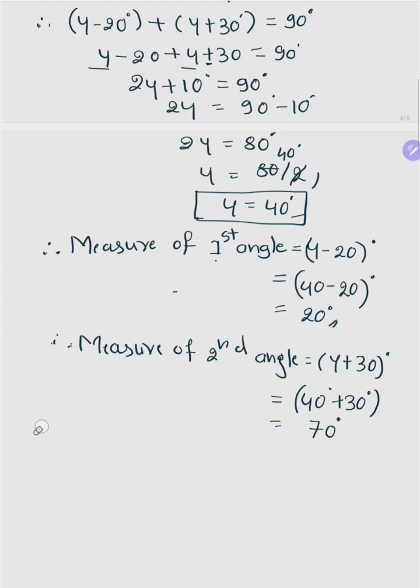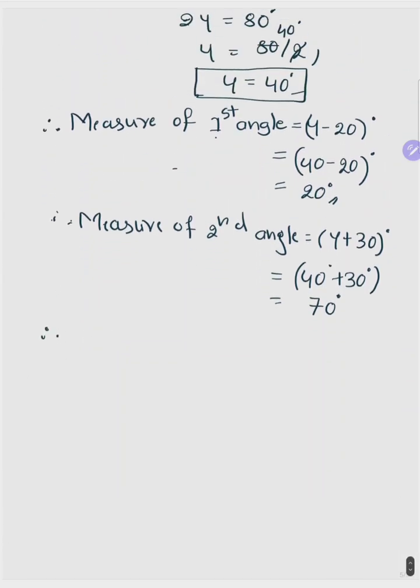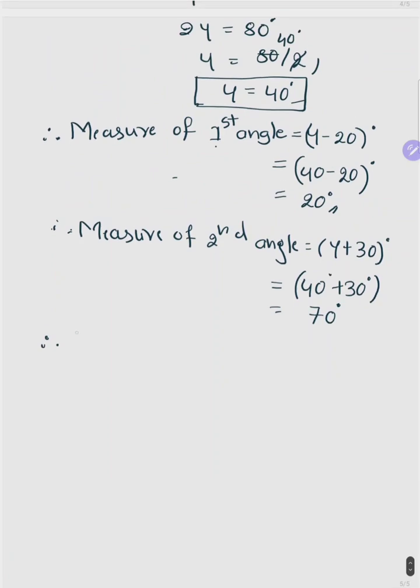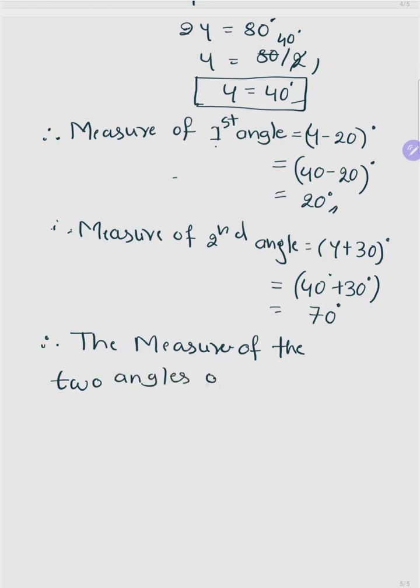So how is it right? Therefore the measure of the two angles is how much? 20 degree and 70 degree.